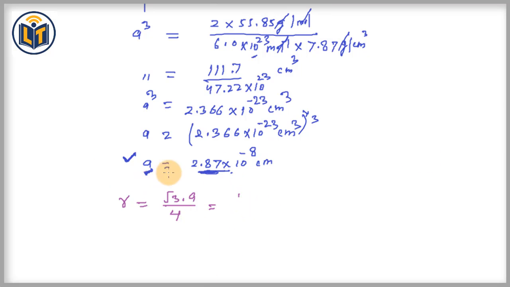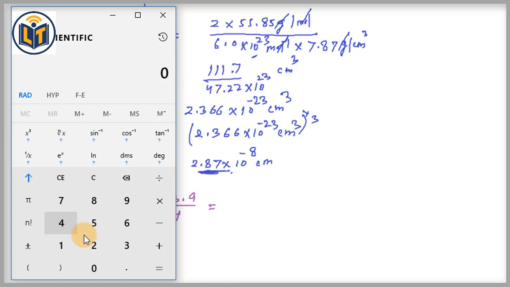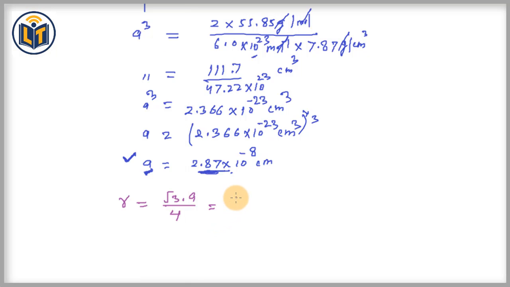We can plug in the value of root 3 using the calculator: root 3 is equal to 1.732, multiplied by the A value, 2.87 multiplied by 10 to the power minus 8, in centimeters. At the bottom we have 4.